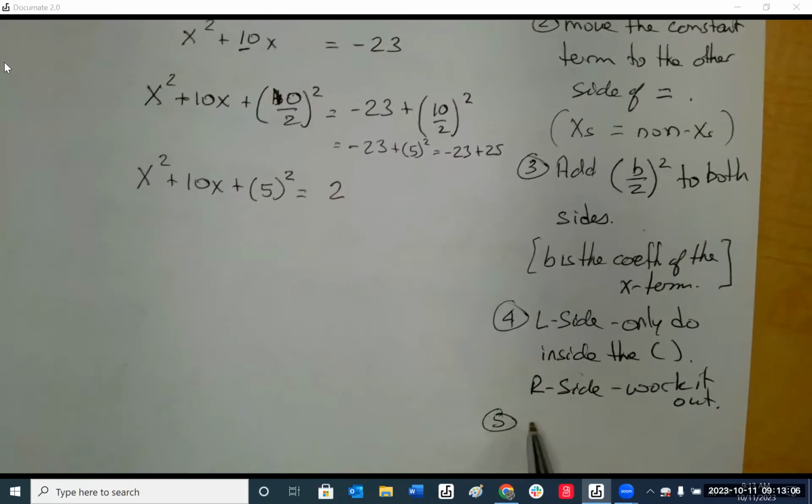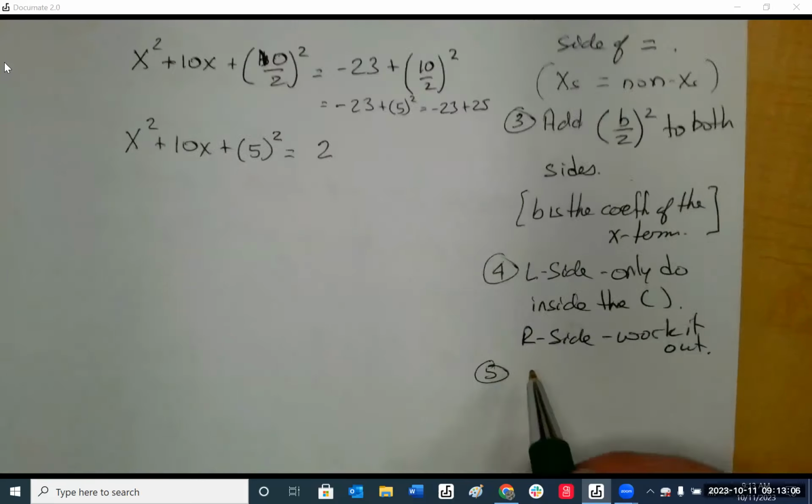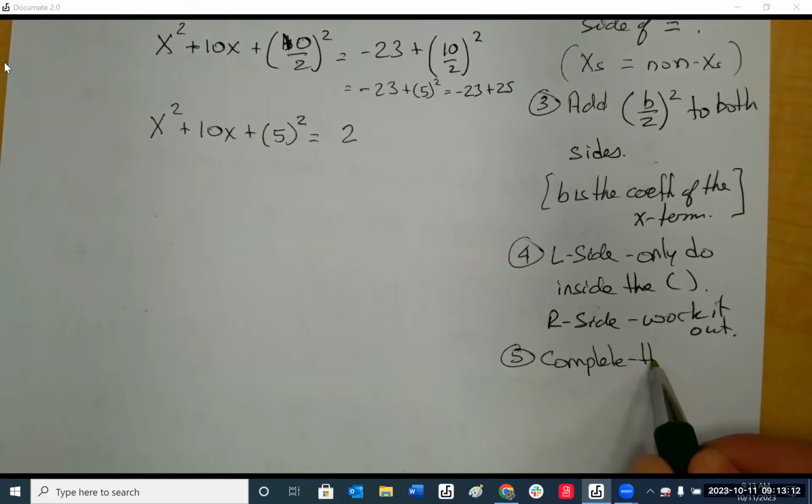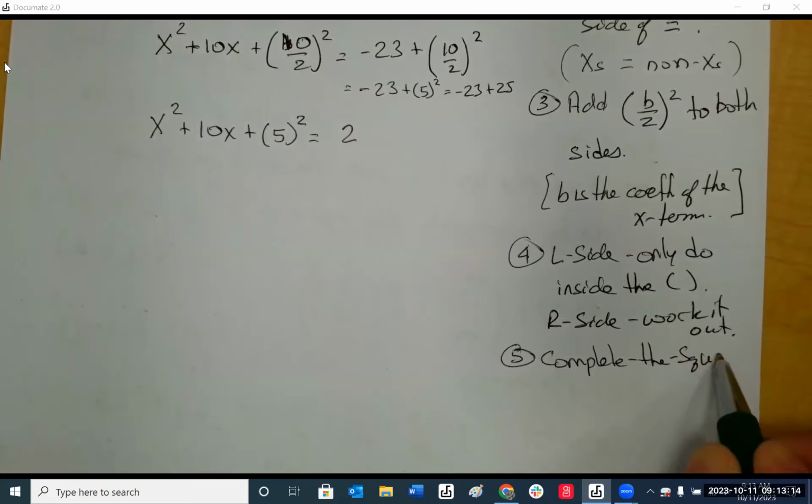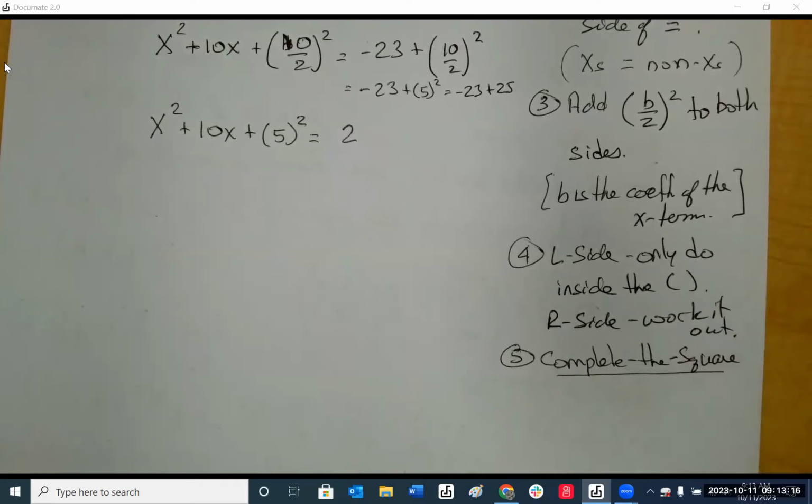Now, step 5 is where we actually complete the square.